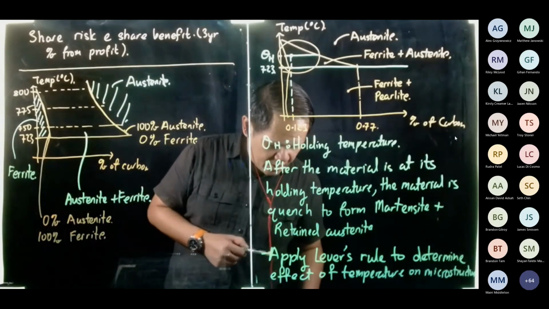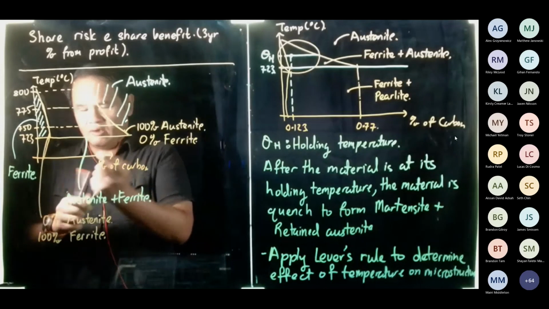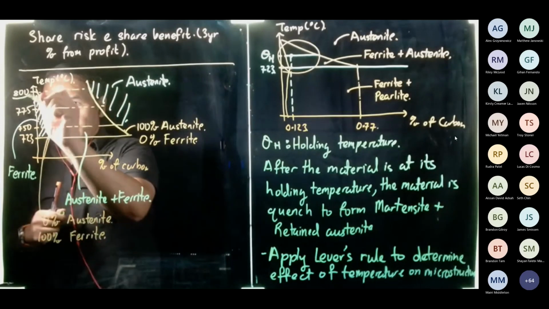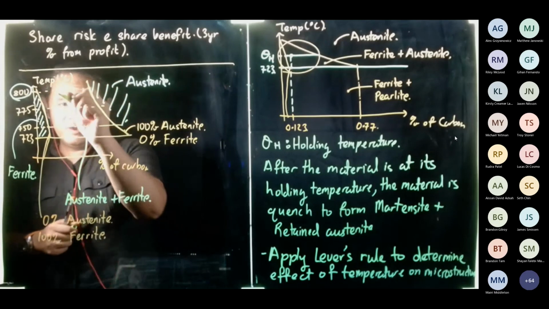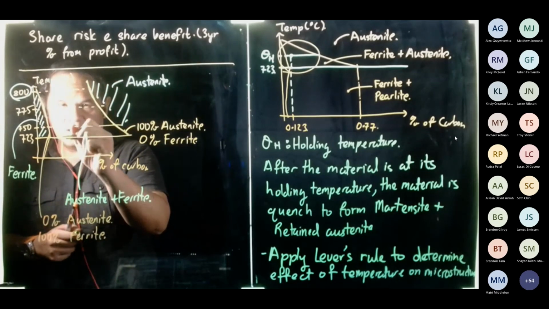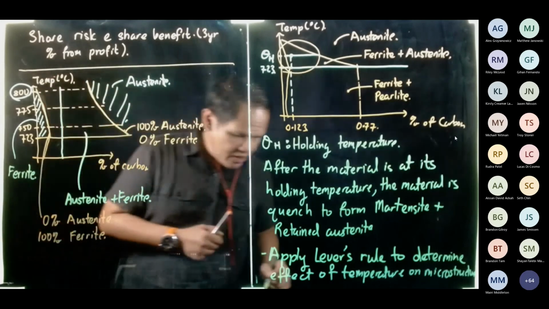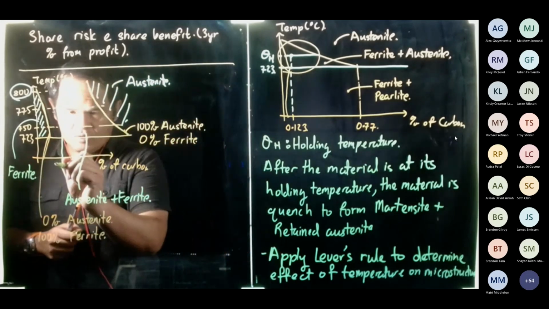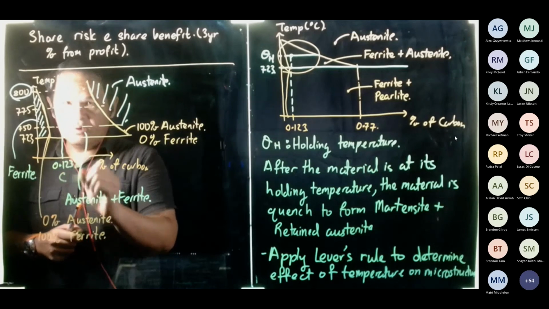So if we pick a temperature of 800, for example, and again, this is just a sketch, we project a line up. This line that we project is at 0.123% of carbon.